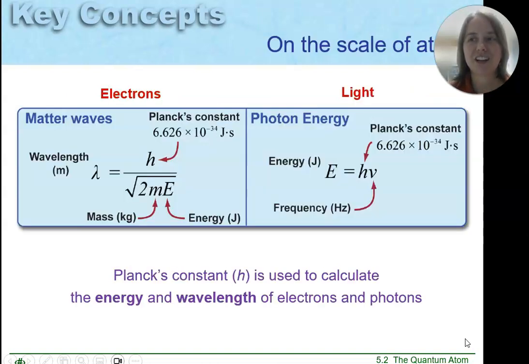So let's just take a look at these crazy looking complicated equations. One is Planck's constant, h, which is this fundamental constant. It's found in the light equation, figuring out the energy if you know the frequency of light. And then it's also found in dealing with the electrons, figuring out their wavelength, mass, energy.